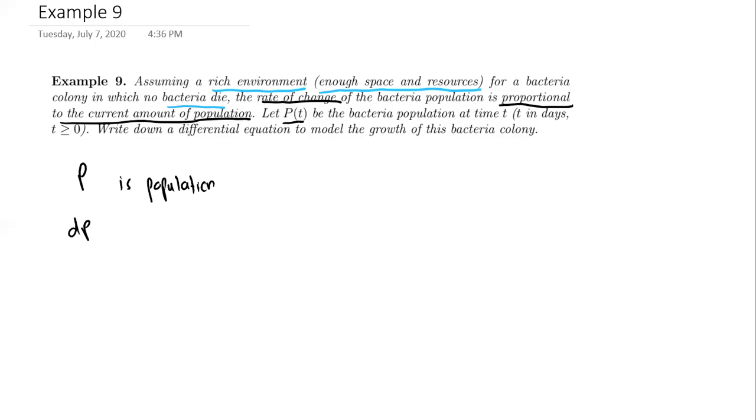So what's the rate of change of the population? We can write that as dP/dt. How do I know that it's the rate of change with respect to t? Because t is the variable that is changing. The population is changing as time is changing. So t is the independent variable, so we're going to take the derivative with respect to t. We're interested in the rate of change with respect to time.